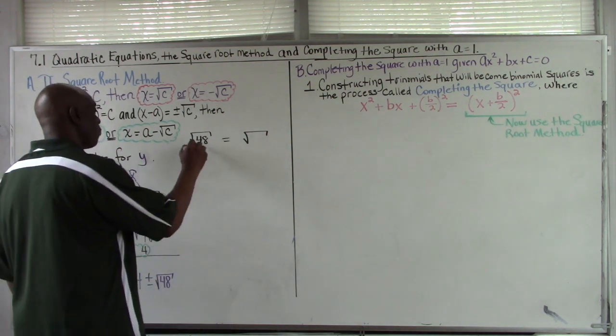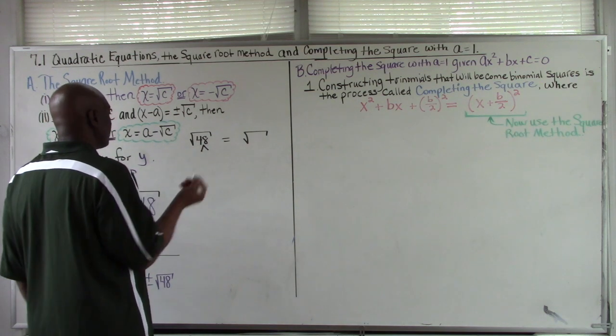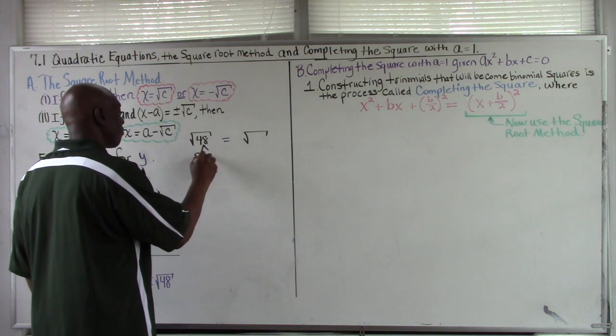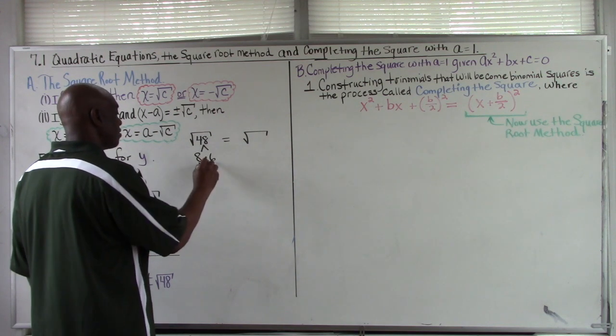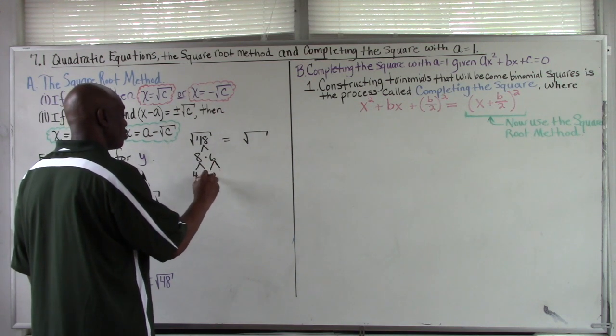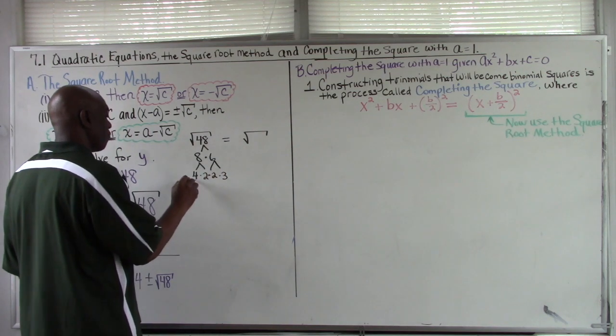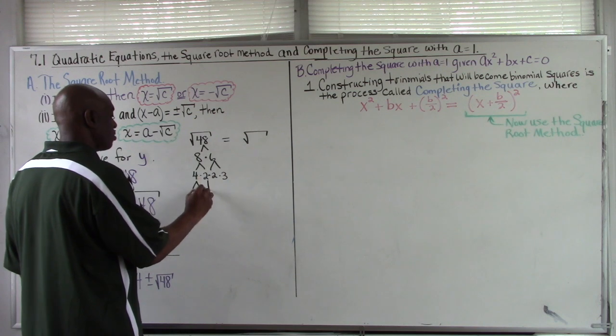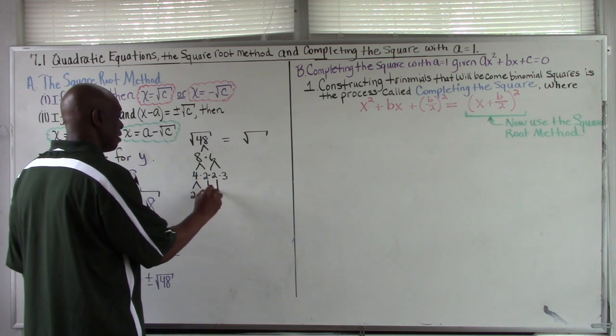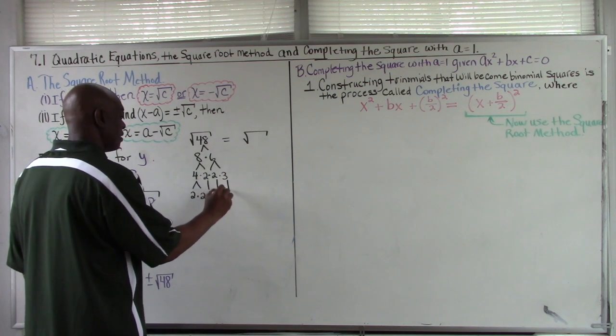48 is 8 times 6, and 8 is 4 times 2, and 6 is 2 times 3, and 4 is 2 times 2. Bring down this 2, this 2, and that 3.